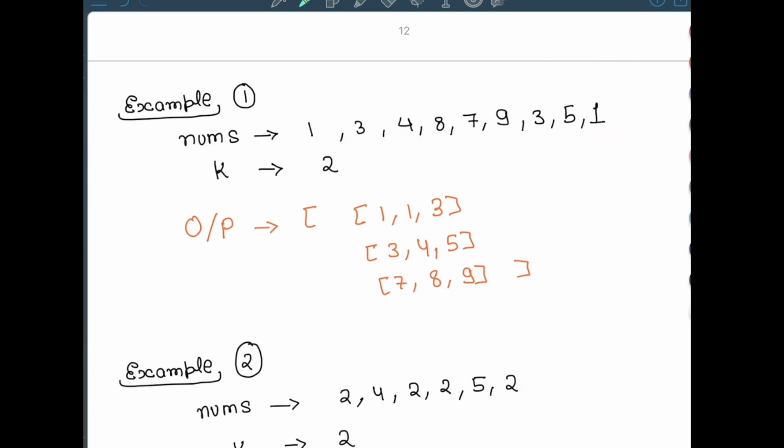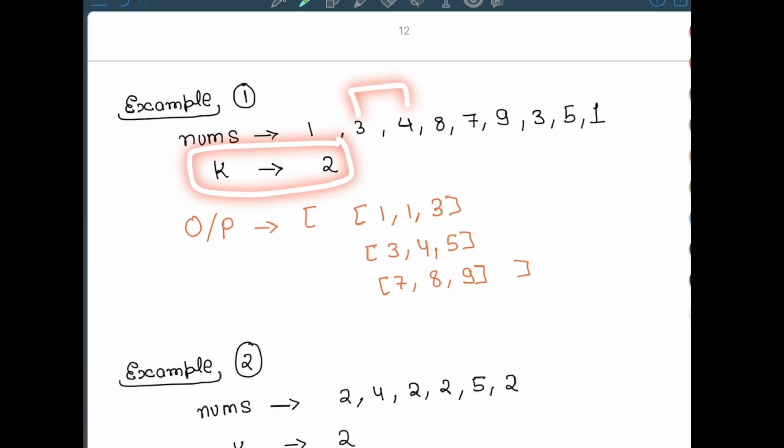Because right now, if we try to create the first 3 element group, we cannot do it. I will be confused about whether I should take 3 and 4 together, or 1 and 3 together. Because 1 and 3 together works, 3 and 4 together works, but 1, 3 and 4 together does not work because of 1 and 4 being in the same group. But 3 works with both 1 and 4, right? The difference between 3 and 1 is fine, it is 2, which is within the limit.